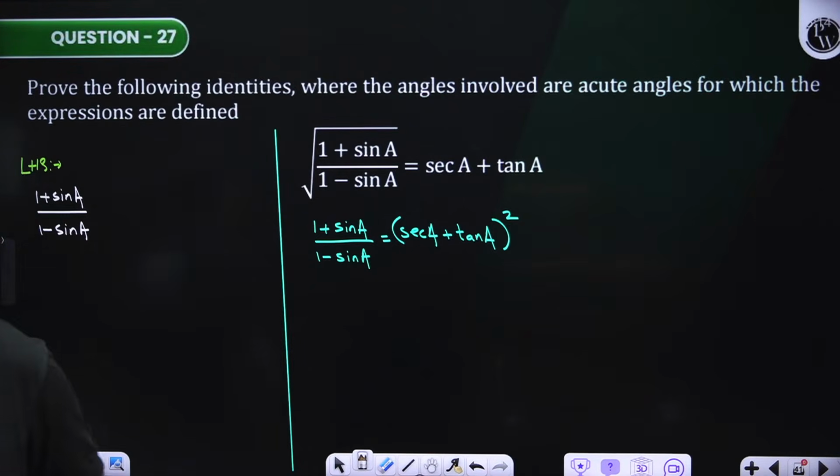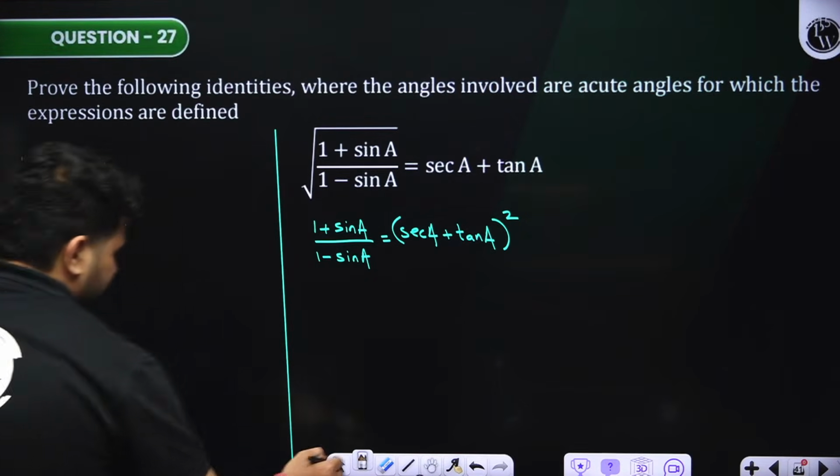I'll give you some time, but think and do. Secant A plus tan A.